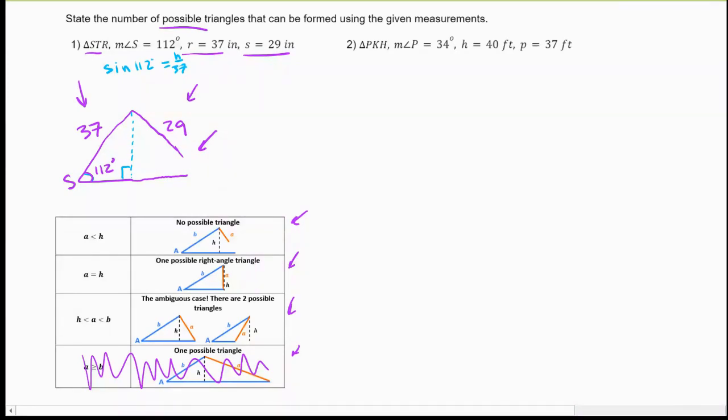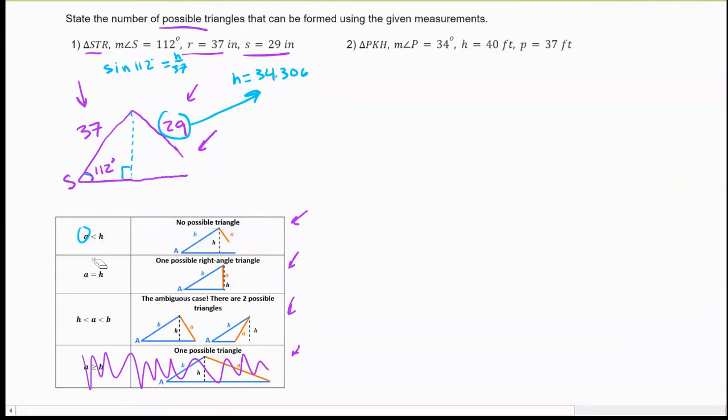So if I multiply 37 times sine of 112, that'll give me my height, which in this one is 34.306. So now when I look through my height test, I see that in this one there is no possible triangle, because the opposite side is less than the height, because 29 is less than 34.306.